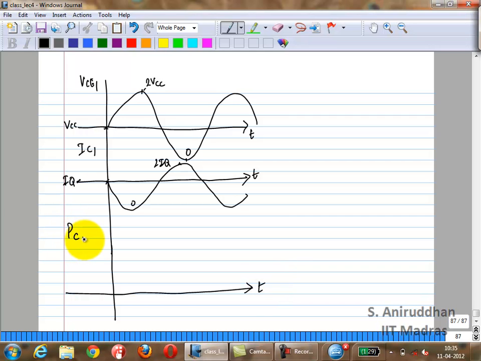Now if I am going to draw the power dissipated in transistor 1, what is that going to look like in Q1? Multiply them. So what is that going to look like? Here is going to be 0. What is it here?